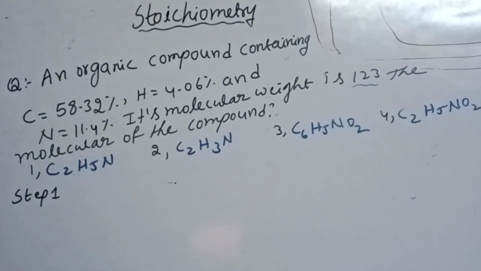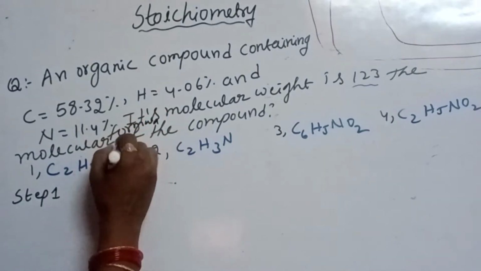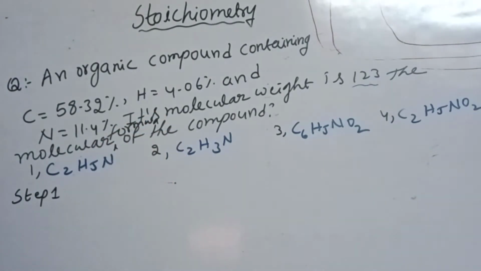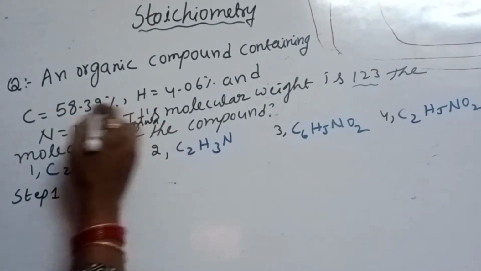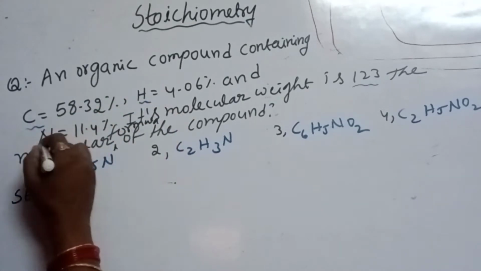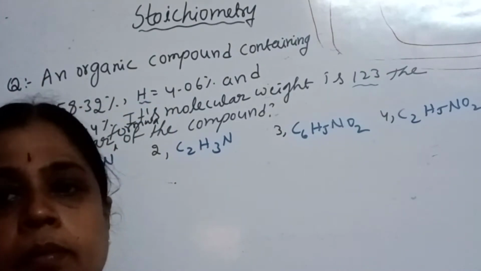So we have to calculate the molecular formula of the compound. First of all, in the given problem only 3 elements are given. So the sum of their mass percentages should be equal to 100 percent.